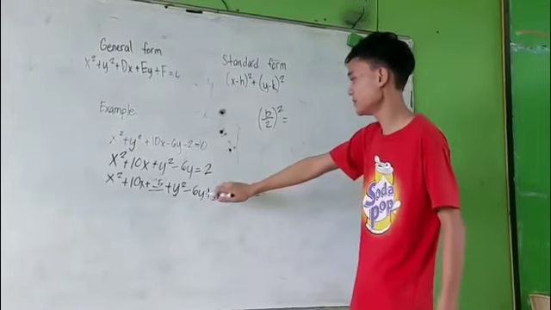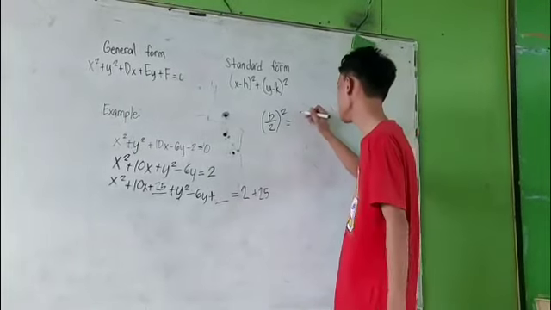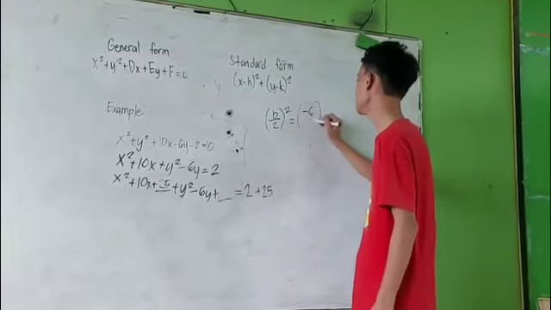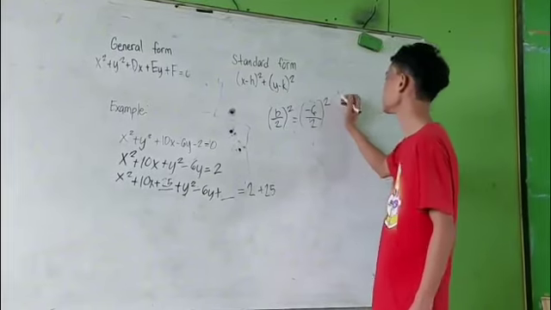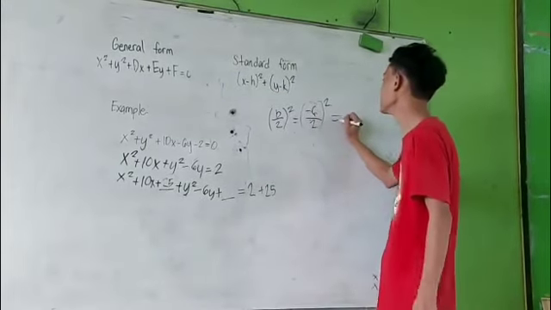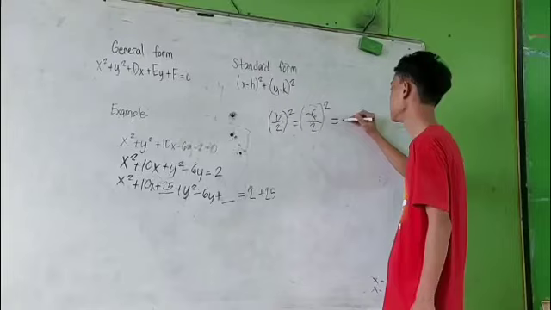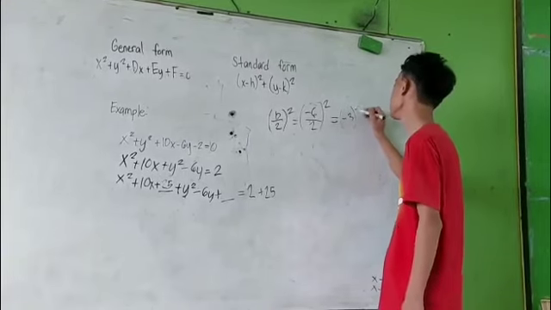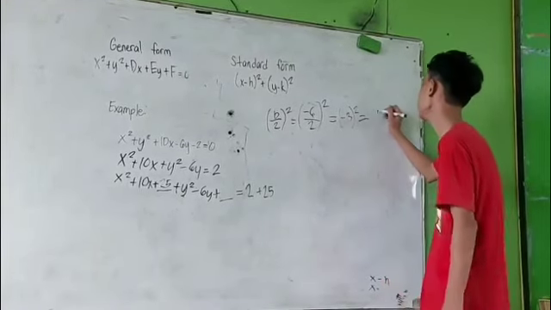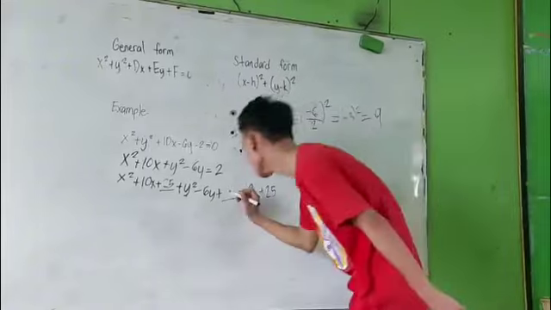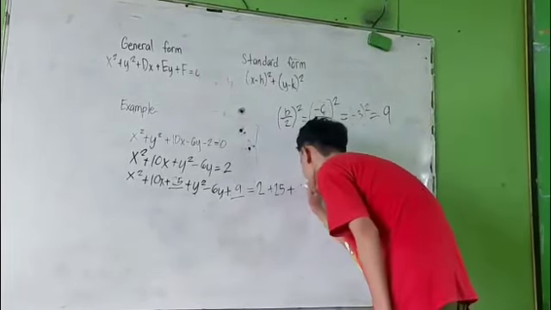The coefficient of the variable y is negative 6, over 2, squared. Negative 6 over 2 is negative 3, squared equals 9. So 9 plus 9.